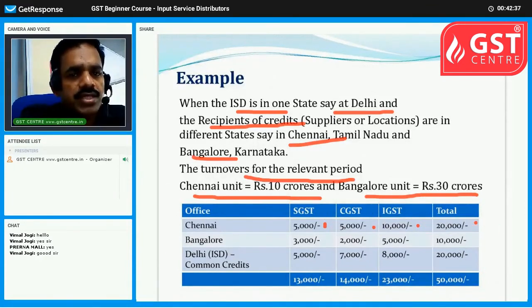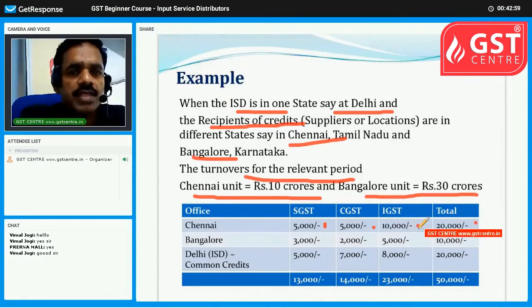And what is the meaning of IGST? The Chennai unit purchased some goods or services from outside the state, from a supplier outside Tamil Nadu, and IGST was paid by Chennai to such suppliers. That was regarding interstate supply.